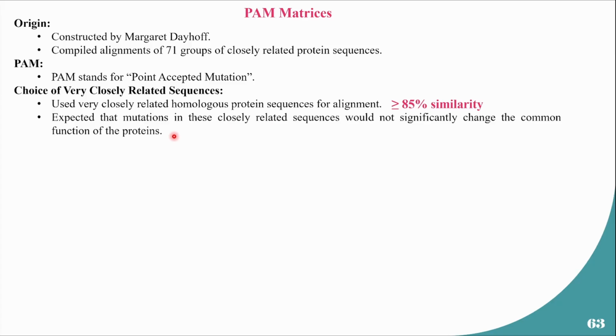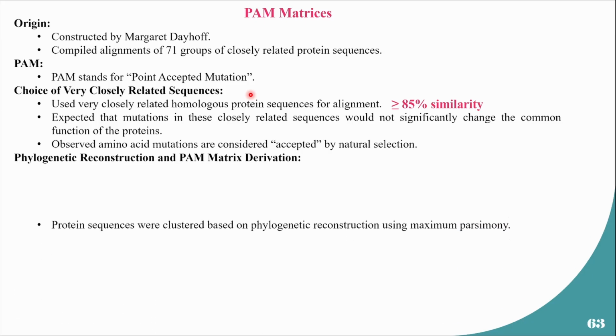And they made some assumptions. For example, they thought that mutations in closely related sequences would not significantly change the common function. And whatever mutations are observed in nature can be classified as natural selection, or as accepted mutations. So that's why the matrix got its name from point accepted mutation, or PAM matrix.